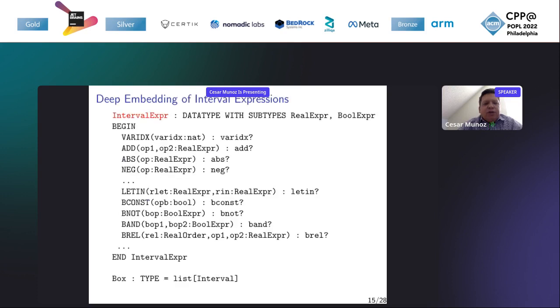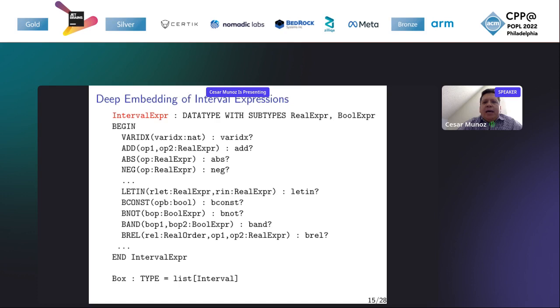And for the case of interval arithmetic, we then move into an embedding. So we need to talk about interval expressions. I mean, not only the intervals as objects, but the interval expressions.